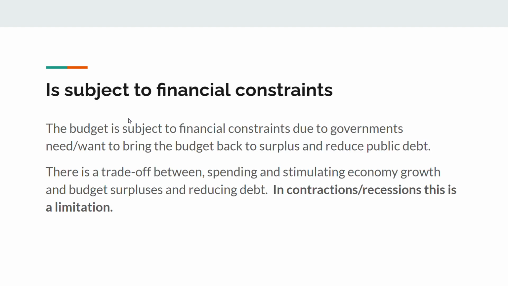Another weakness of budgetary policy is it's subject to financial constraints, because there is again a trade-off between trying to stimulate the economy and spend into the economy or cut taxes, and the need or the want to bring the budget back to surplus because of the growing level of Australia's public or government debt.